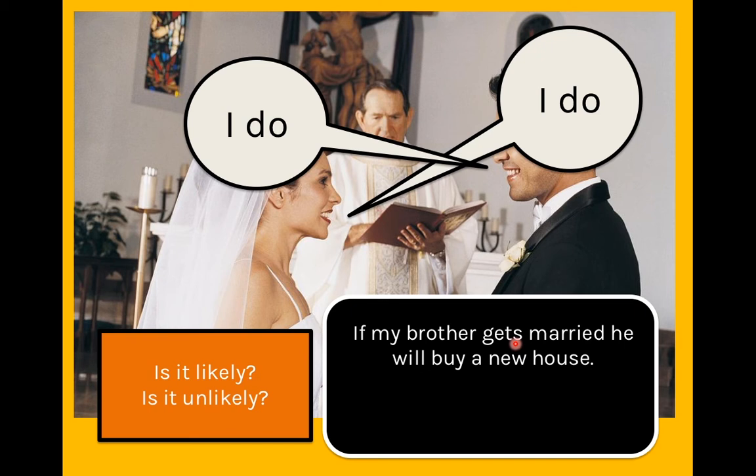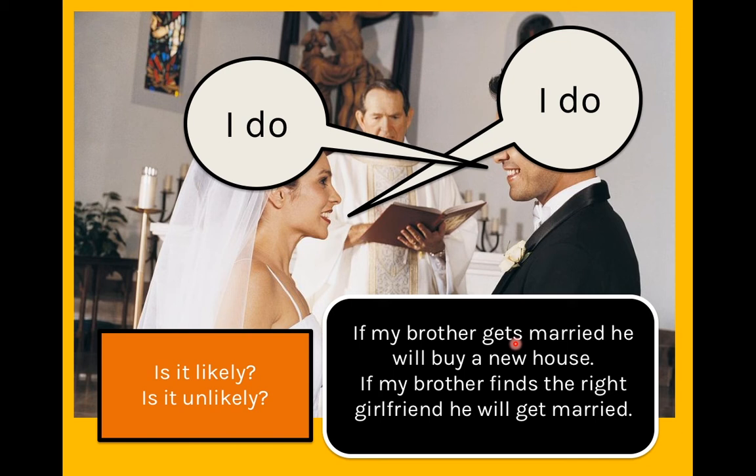Now, let's see another example of a sentence in which getting married is the result. If my brother finds the right girlfriend, he will get married. The condition in this sentence is if my brother finds the right girlfriend, and because it is likely, because it is possible that he finds the right girlfriend, he will get married.